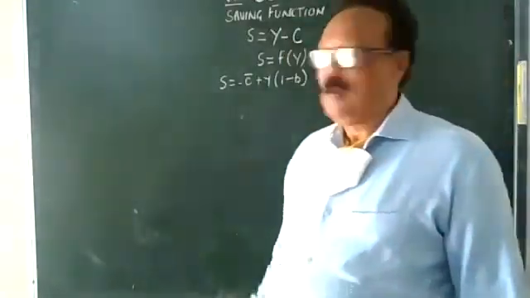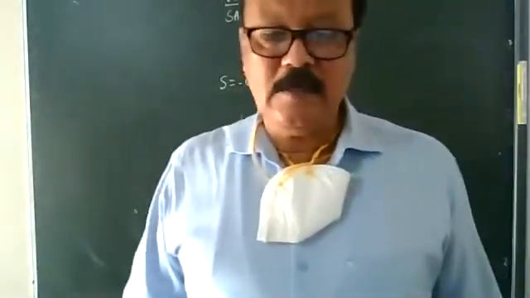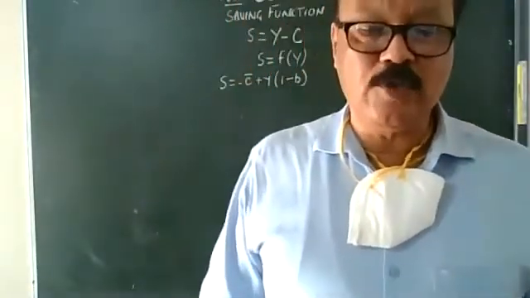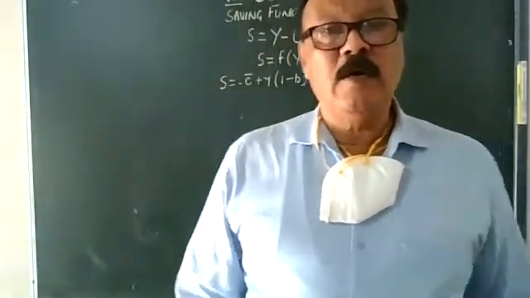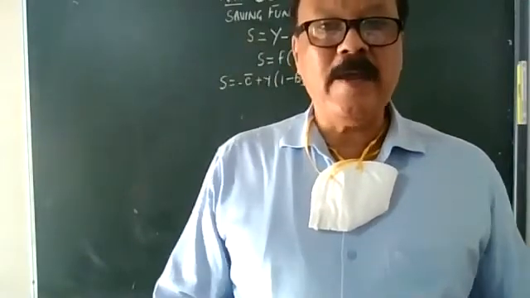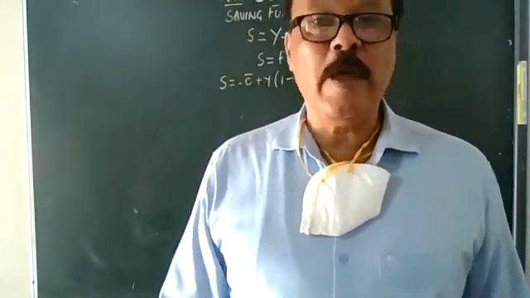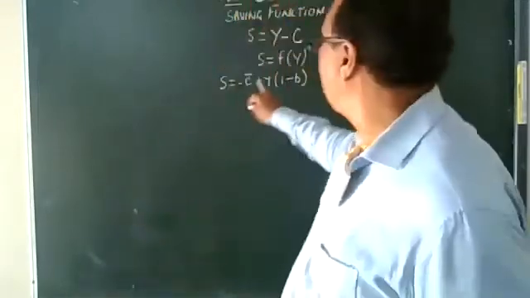where C bar, you are aware, is autonomous consumption. That is when the consumer spends on consumption even when his income is zero. That is autonomous consumption.